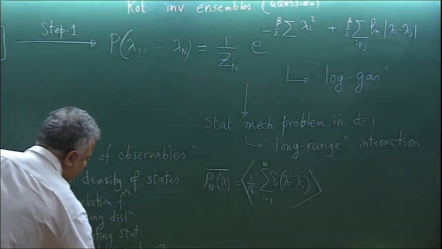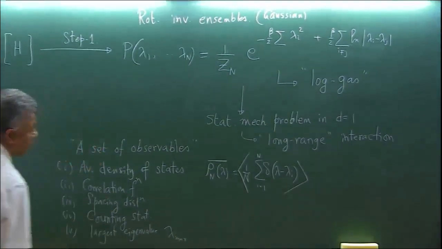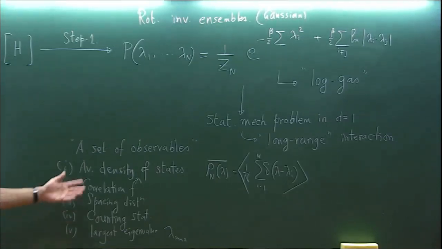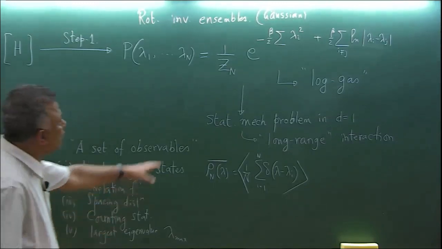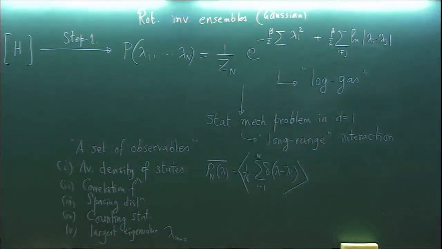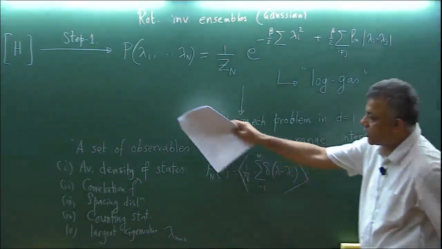Largest or smallest. So what we did in the last class, we defined these observables, and we discussed why they are important, and the motivations for studying such questions. Therefore, the problem is now reduced to a technical problem. You define the energy of this StatMech system, and you want to compute these guys.